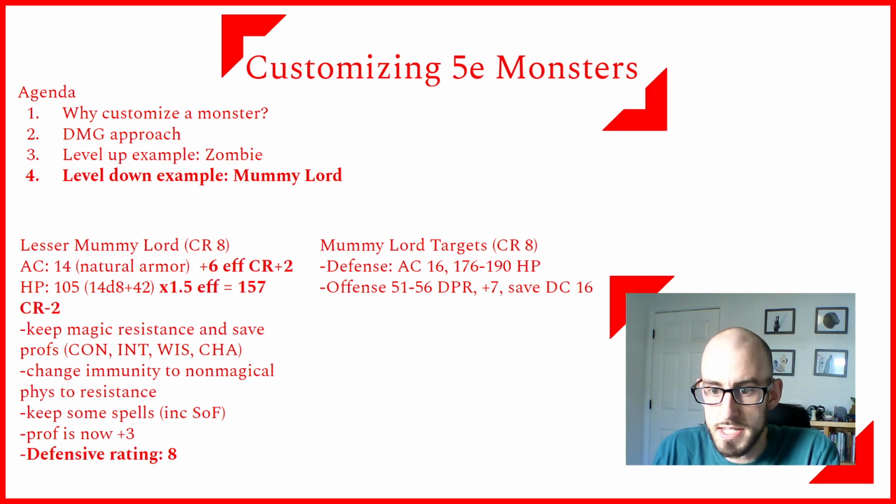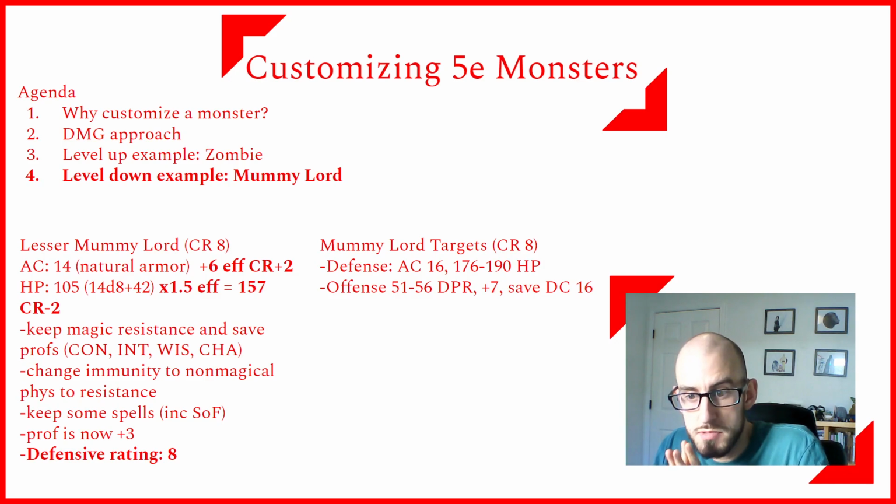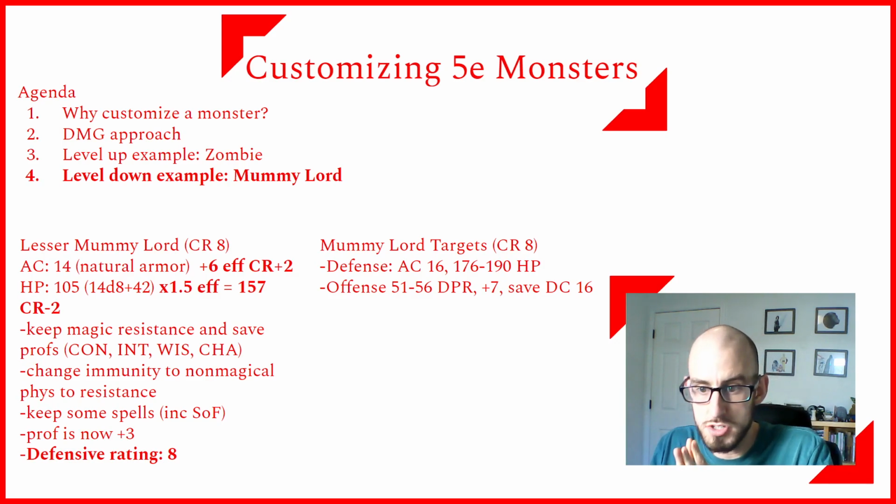So what this means is we're going to have a +6 effective bonus to our armor class, which increases the challenge rating by 2. And we get to multiply our effective hit points by 1.5 because we have resistance to a common damage type, which brings it up to 157.